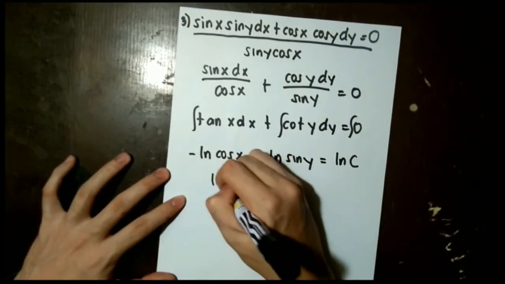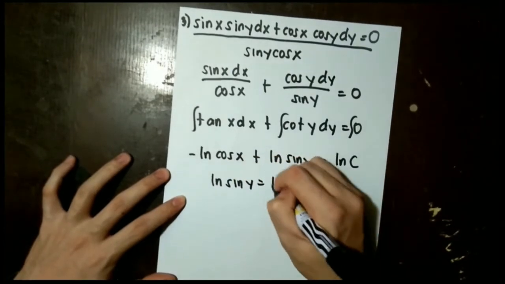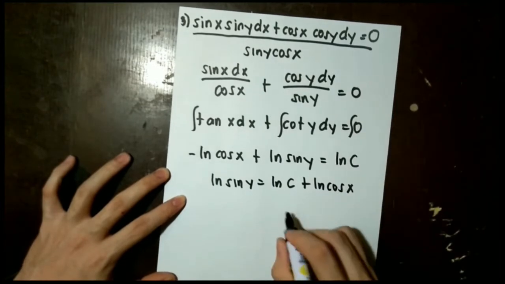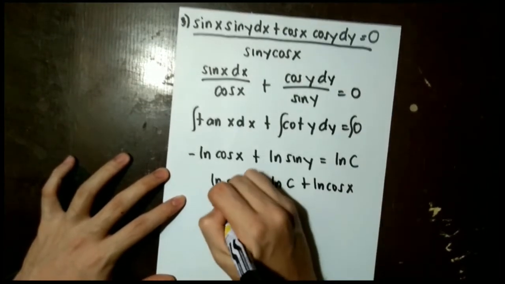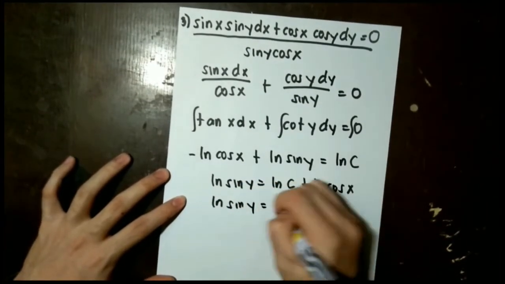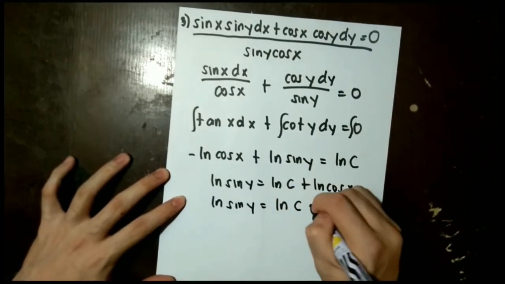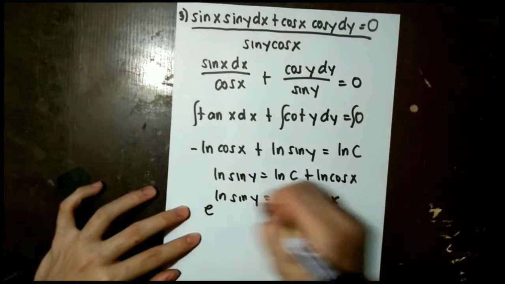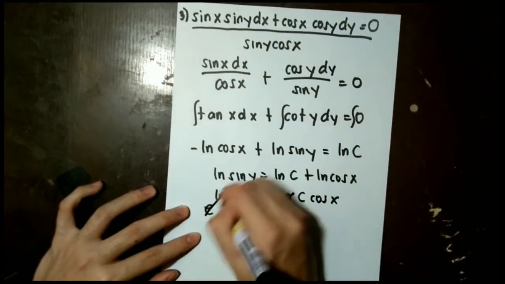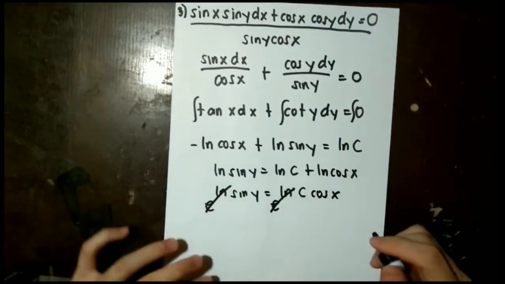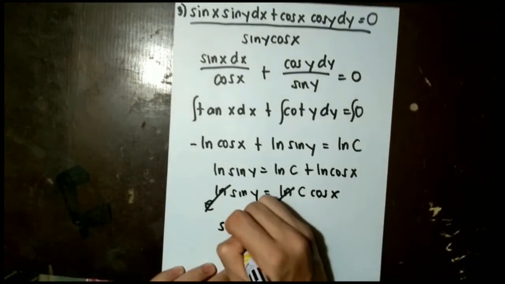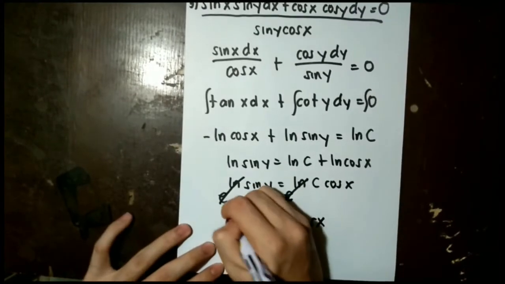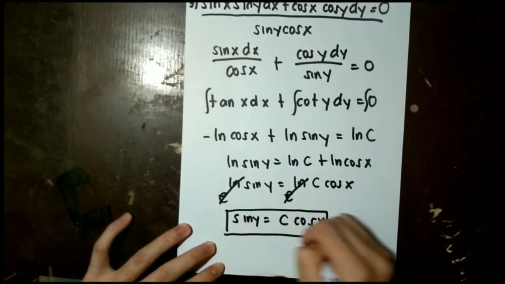So, magiging ln sin y is equal to ln c plus ln cosine x. So, pwede natin silang i-combine. So, ln sin y is equal to ln c cosine x. So, lagyan natin ng exponential dito para matanggal yung e raised to ln. So, magiging sagot natin is sin y is equal to c cosine x. So, ito na yung final answer para sa number 3.